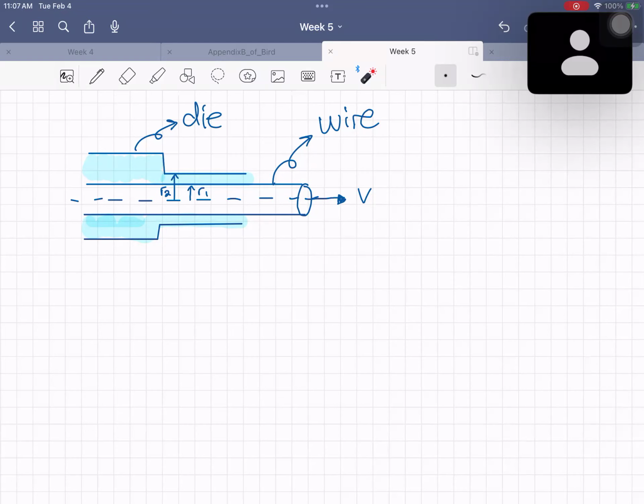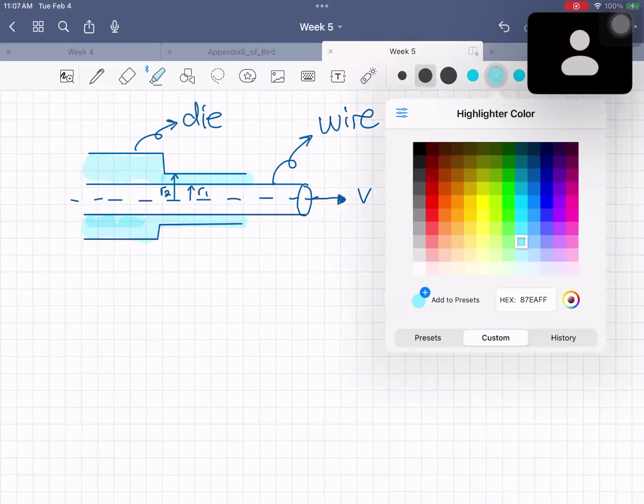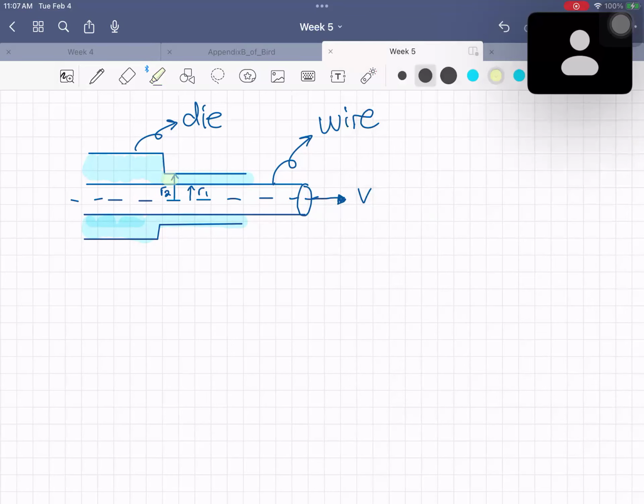The die is fixed, but what you're pulling is actually the wire. So what you're focusing on is right here, where the cross-sectional area is very, very small. I will highlight it in green.